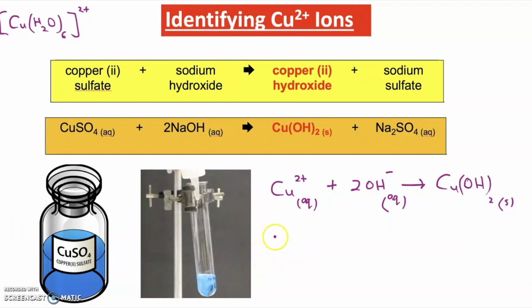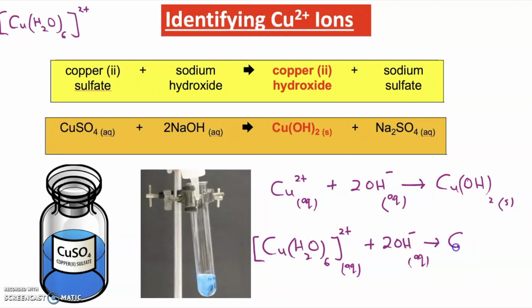And we can also write this ionic equation as [Cu(H2O)6]2+, and this has a 2+ charge, and this will react with again 2OH- ions, to form copper 2 hydroxide, which would have the following formula: Cu(OH)2(H2O)4, and it has 4 waters here because the coordination number must still be 6 during this reaction.